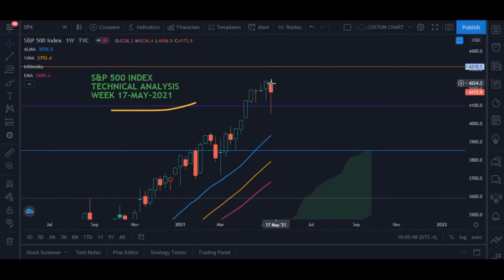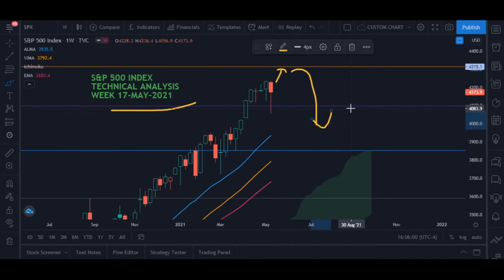The S&P 500 index still has some potential to move up, and then it may come down. So you need to be very careful when you are dealing in the futures and options of the S&P 500 index, because it still has this potential.